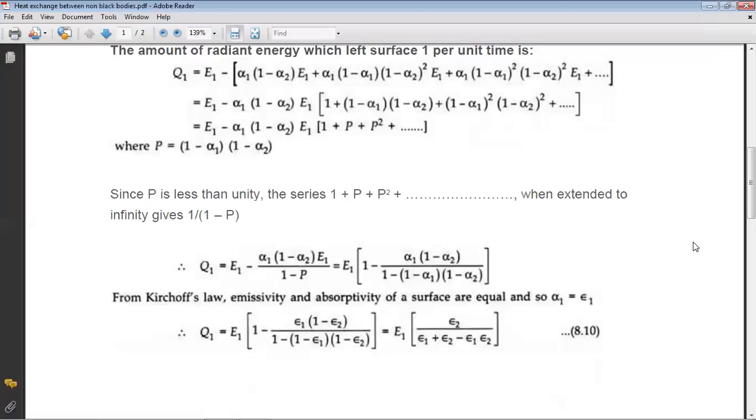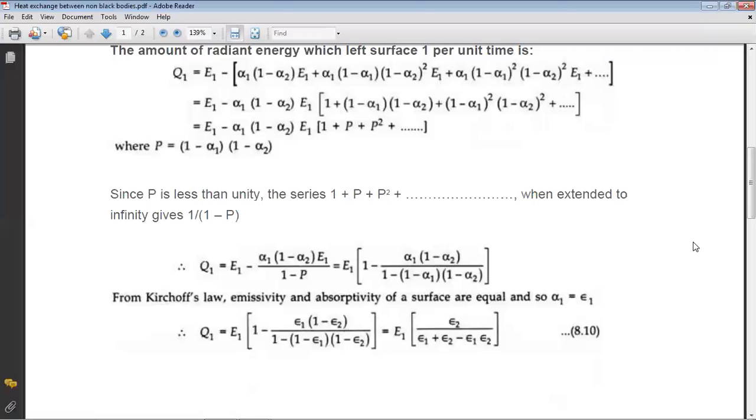Now from Kirchhoff's law, we know that emissivity and absorptivity of a surface are equal, provided they are in thermal equilibrium with surroundings. If a body is in thermal equilibrium with surrounding, then absorptivity can be equated to emissivity.